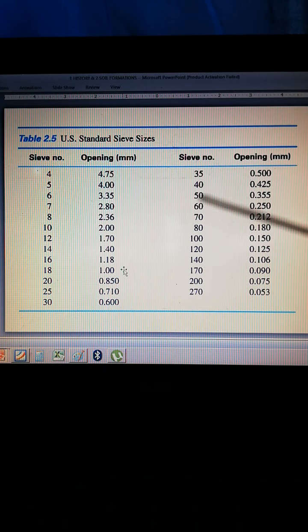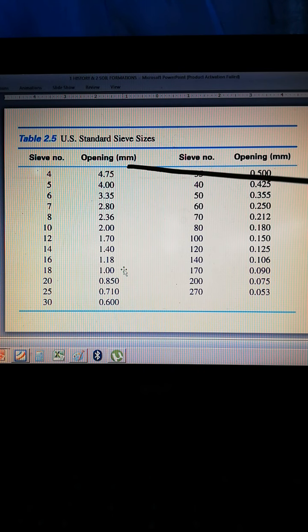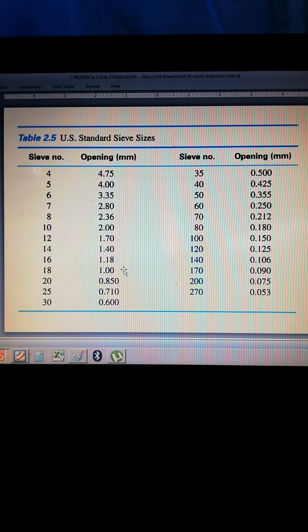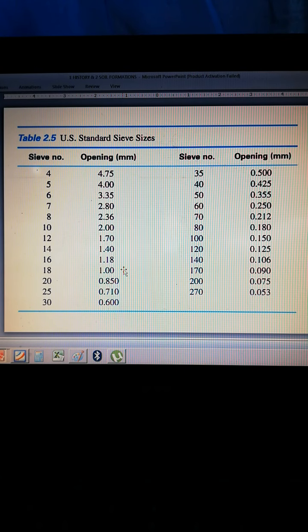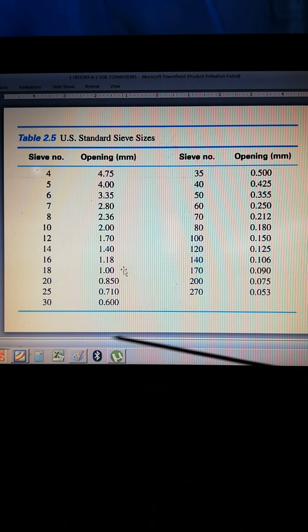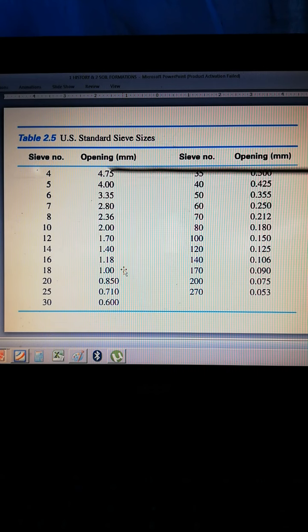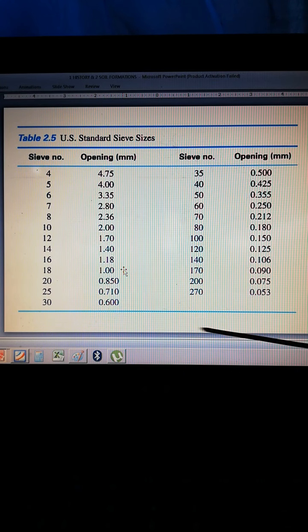Now the opening here is, because you will be using more or less like a wire screen, so the opening would be a square. But this opening mentioned here is the diameter of the square. Okay, so for example, this one here is our white screen or my slide. This is a rectangle. Let's just imagine that this is a square.